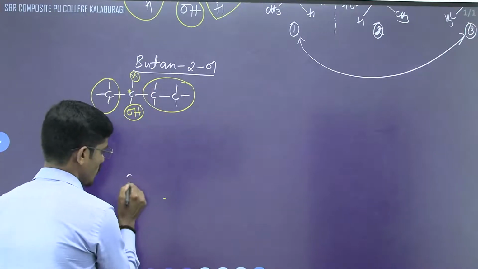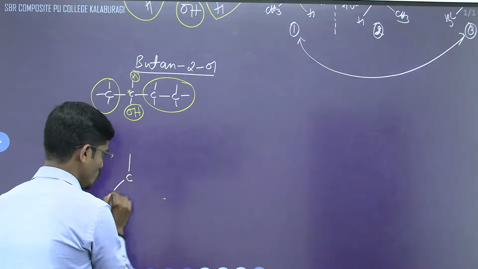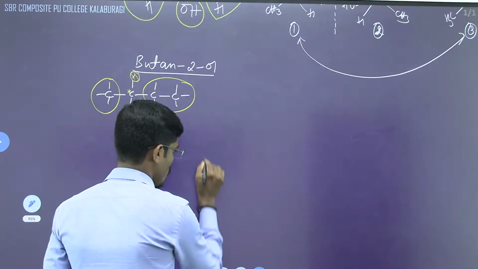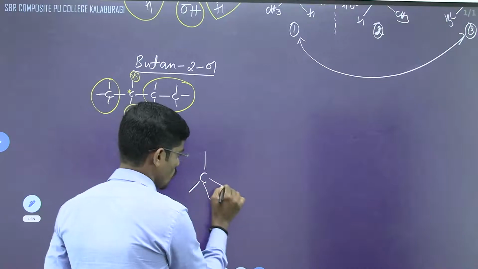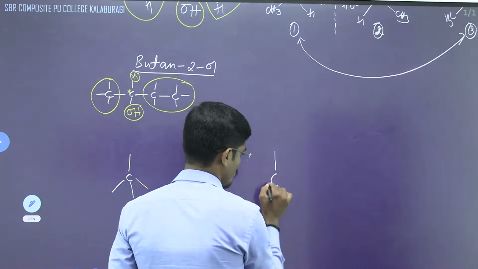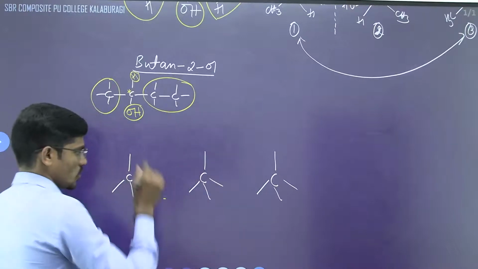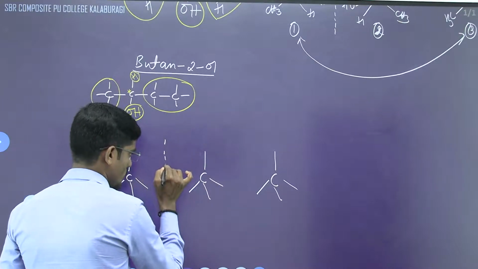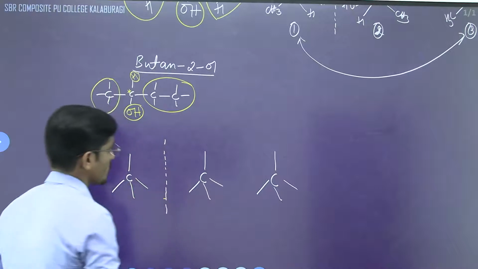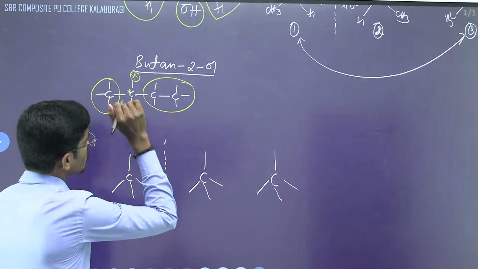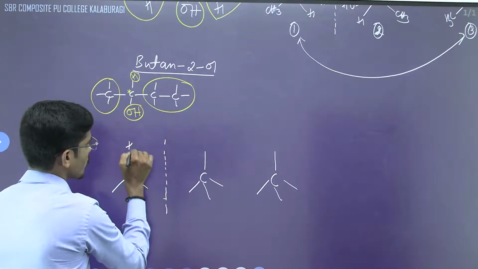You can check the structure. First carbon 1, 2, 3, 4, and the mirror image 1, 2, 3, 4. One position will be fixed. Let us consider these as mirror images of each other. Now let us put numbers. Fix one group, this is the hydrogen.